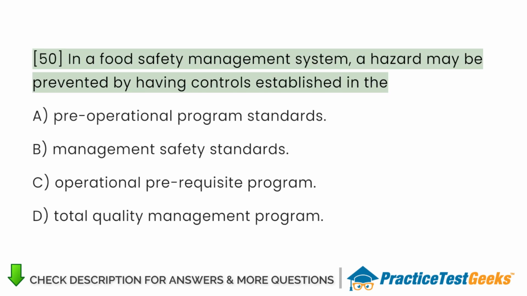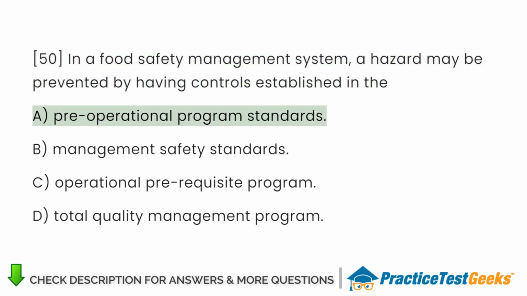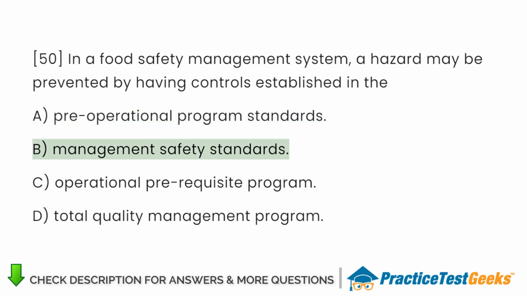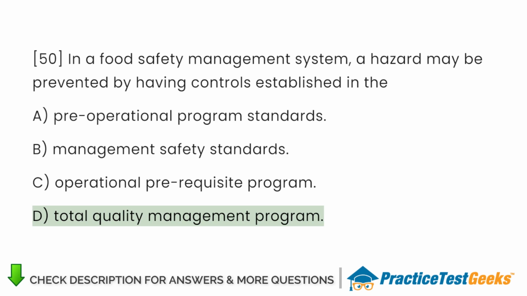In a food safety management system, a hazard may be prevented by having controls established in the A. Pre-operational program standards. B. Management safety standards. C. Operational prerequisite program. D. Total quality management program.